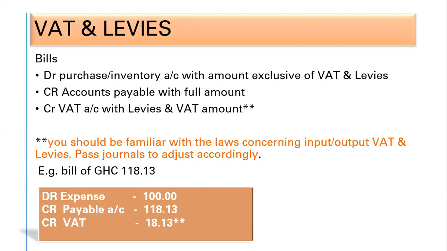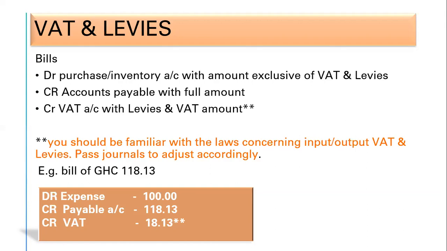And then the VAT account is going to be debited with the VAT and levies amount, in this case 18.13. Since the full 18.13 is going into the VAT account as input VAT, remember that the 18.13 contains both the levies and the VAT amount.